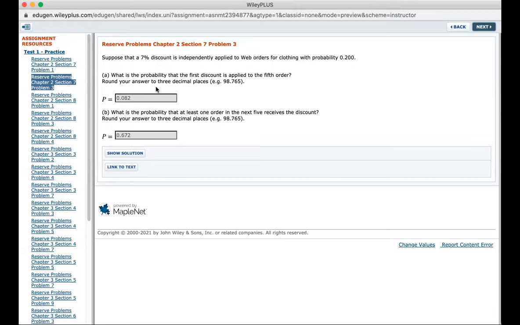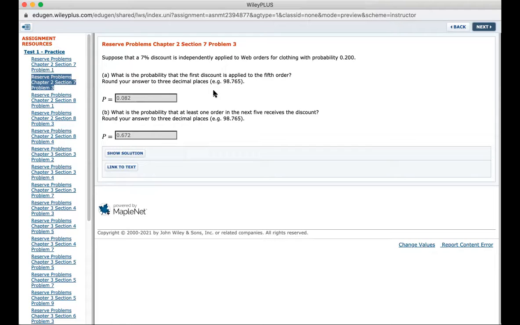Question A: what is the probability that the first discount is applied to the fifth order? I guess the guy just keeps ordering online multiple times. So the probability that he gets the 7% discount is 0.2.